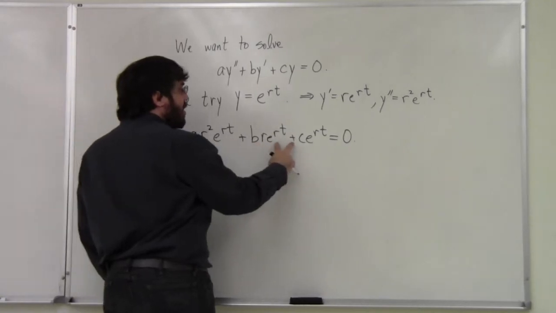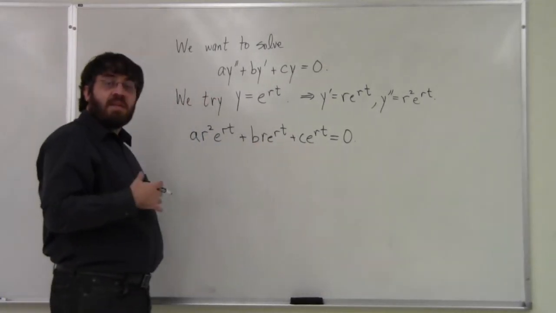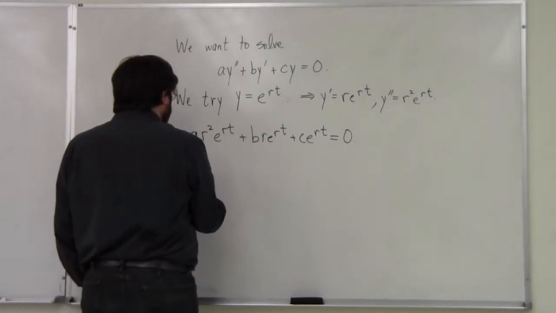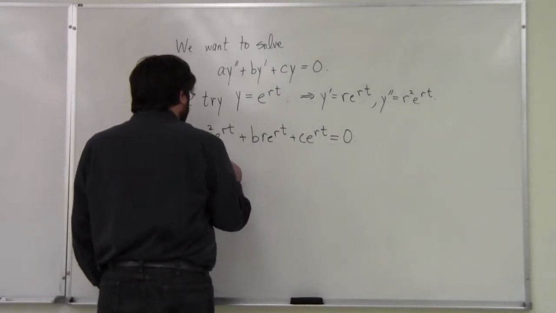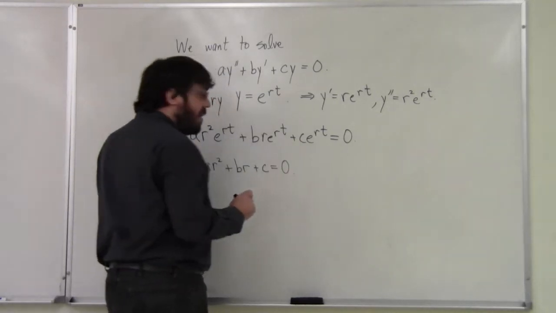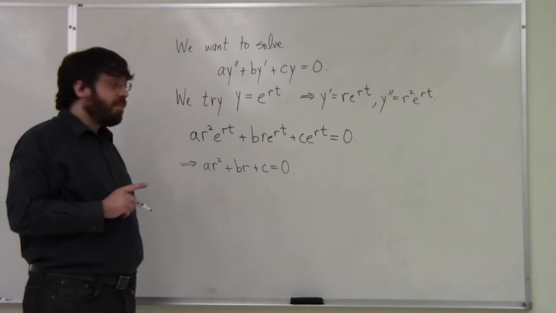Now each of these has an e^(rt) in it. I can factor the e^(rt) out and cancel it from both sides. And that gives me ar^2 + br + c = 0. Okay, that's a quadratic equation.